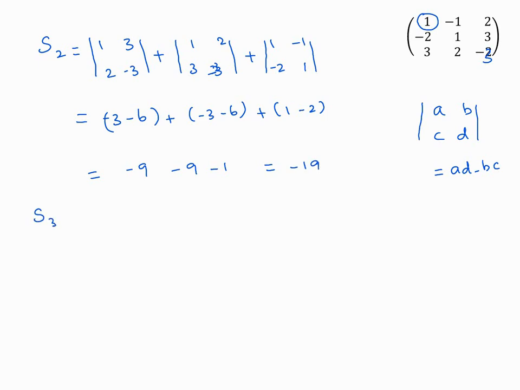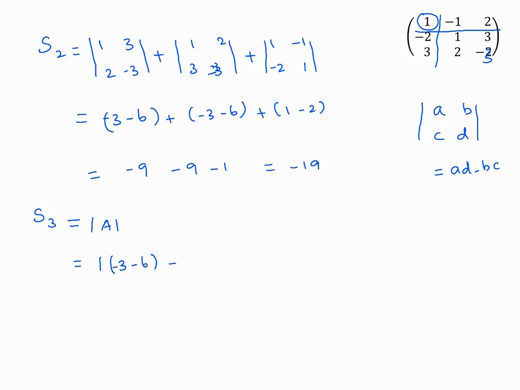Next, you find S3. S3 represents the determinant of A. We find the determinant of A row-wise. We take the first number 1. The first row and first column we eliminate. Once again you get minus 3 and minus 6.